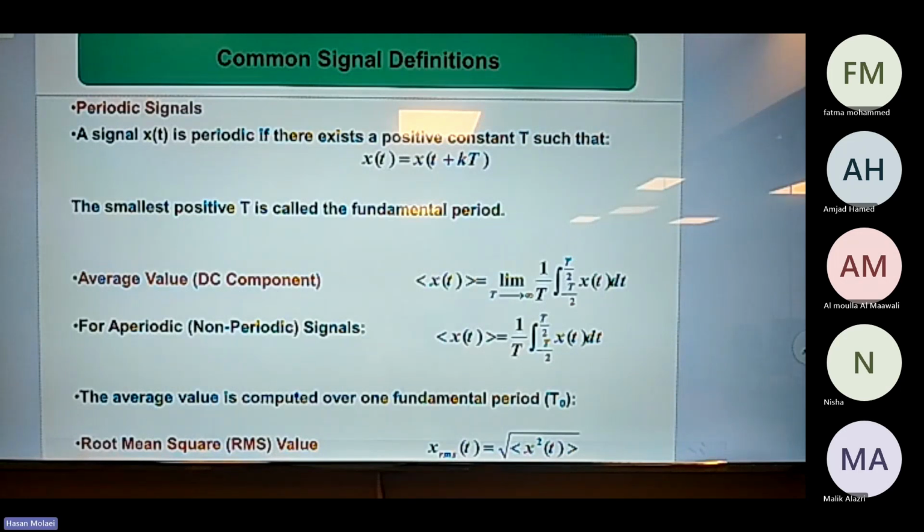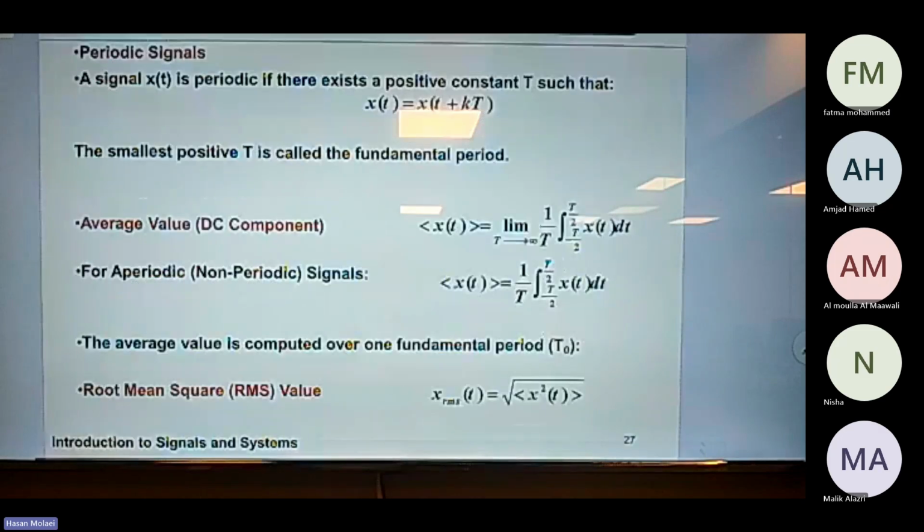Periodic signals, you know, they are repeating during the time, and you know how to find the period for sine and cosine.